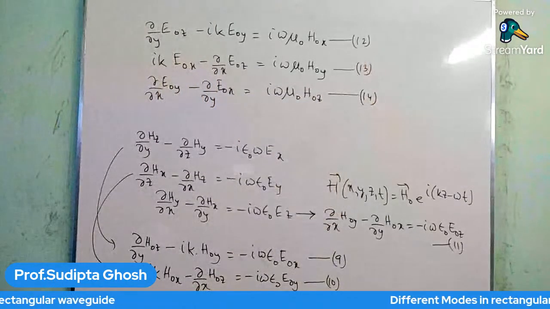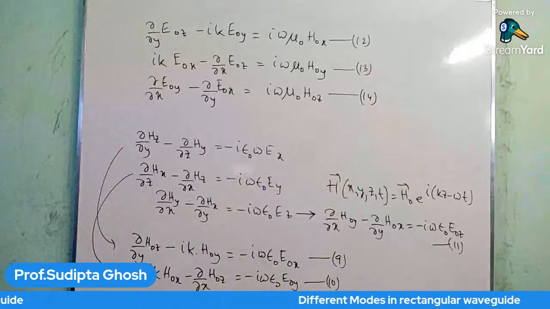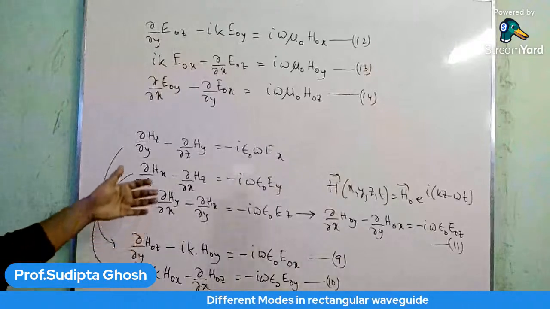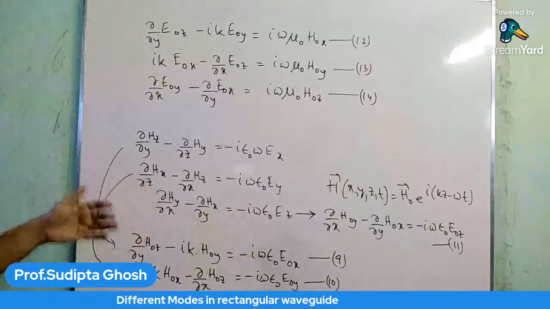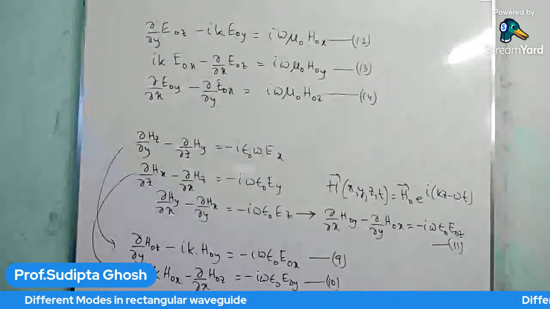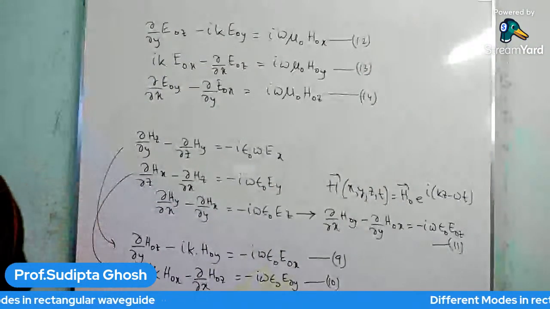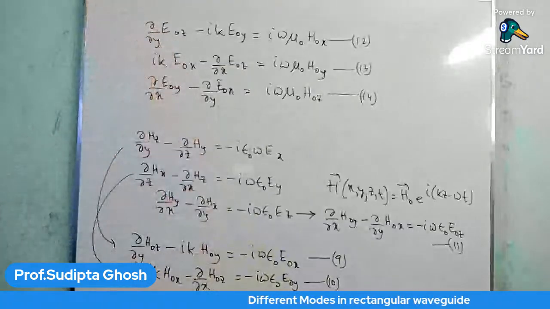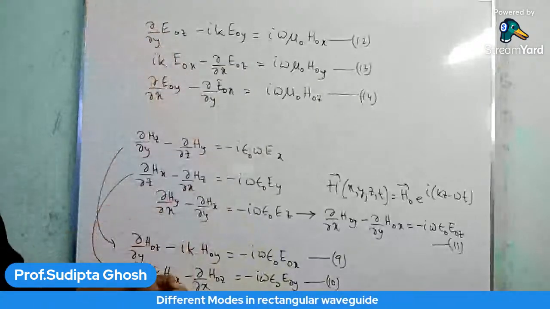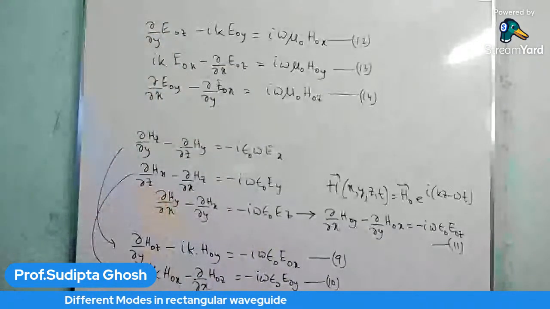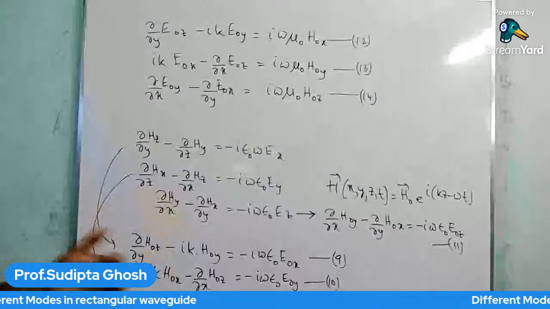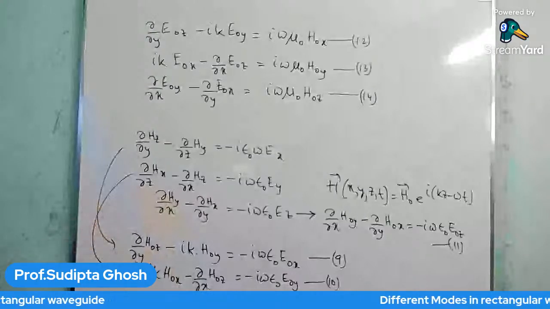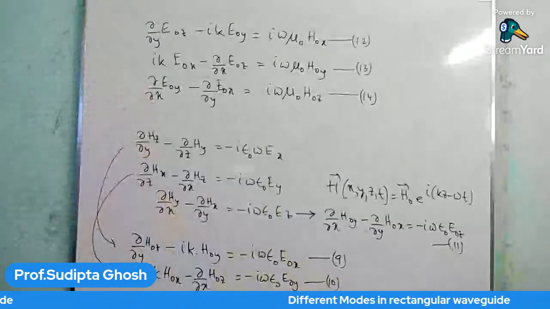So these three equations can easily be written from equation number 9, 10 and 11, and you need not derive equations 12, 13 and 14. You can write them by saying that similarly from equation 6 we have these three equations.